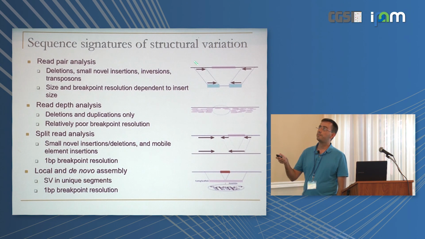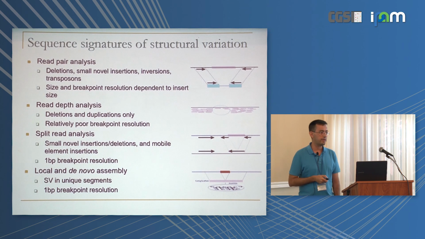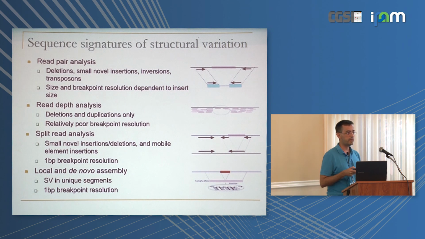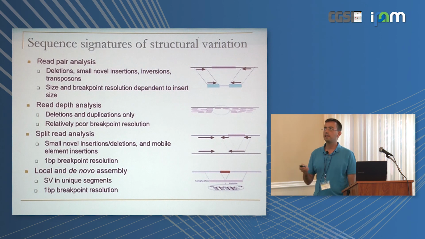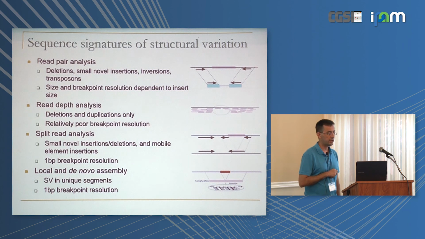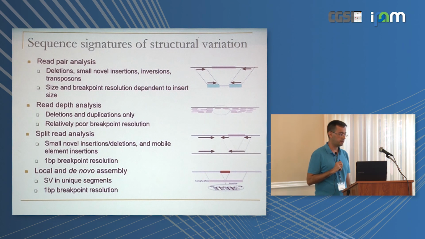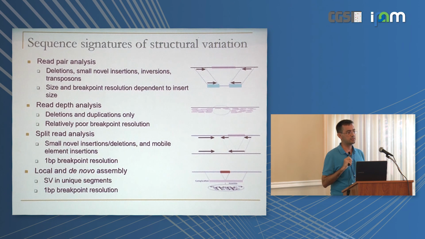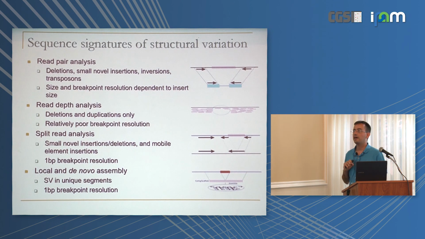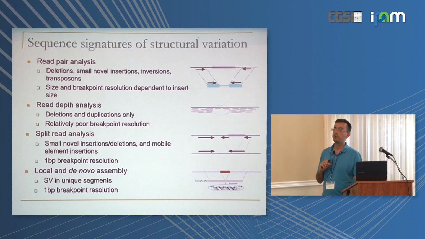When we map them back to the genome, if their map locations are separated much more than the expected size, then this likely shows a deletion. You can come up with similar formulations for insertions, inversions, transpositions, and so on. This is a very commonly used approach, but the size of the variants that you can detect and the resolution of the actual breakpoints depend on the insert size and the read length.